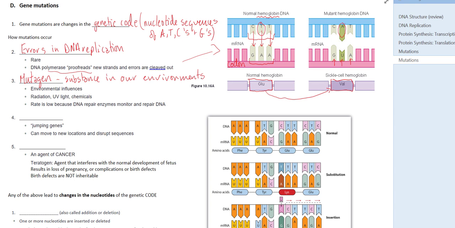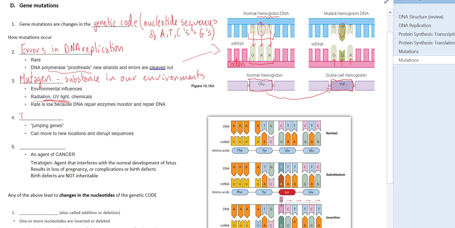All these are low-level types of radiation, which are supposed to not be damaging to our DNA, as opposed to higher level, higher energy radiation like UV light, X-rays, that sort of thing. But those things can damage our DNA. And again, we do have the ability of DNA repair enzymes that monitor and repair these changes that can occur, but ultimately mutagens can lead to changes in our DNA as well.